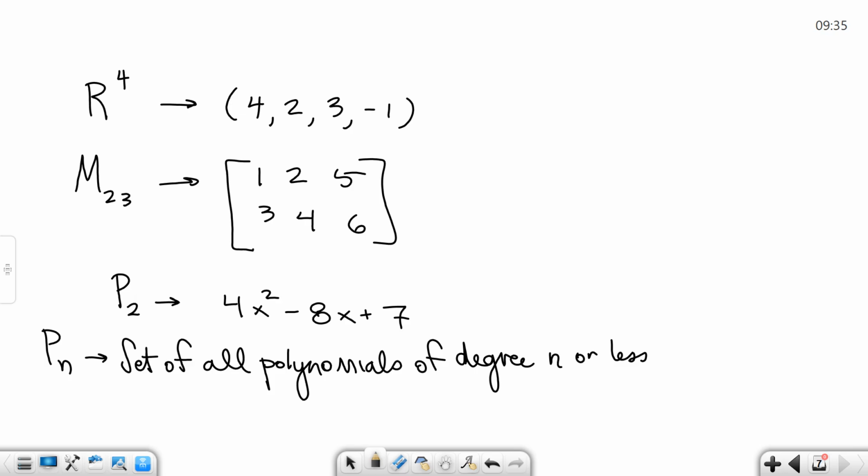What's important about all of these groups, Rn, Mn, and Pn, is that they all behave the same way under vector addition and scalar multiplication. So even though matrices and polynomials don't look alike, they behave the same way when applied to those two operations.